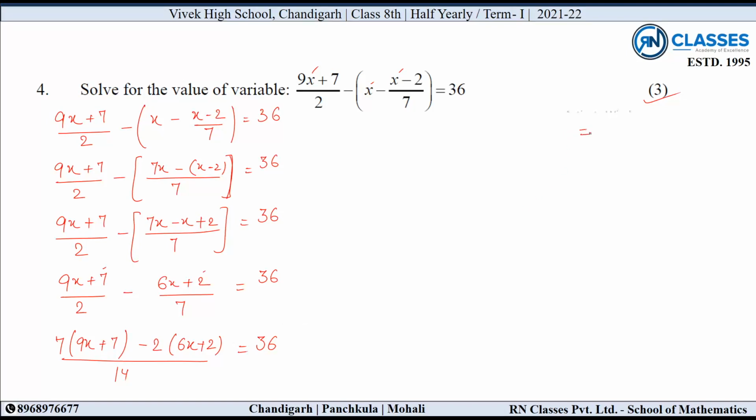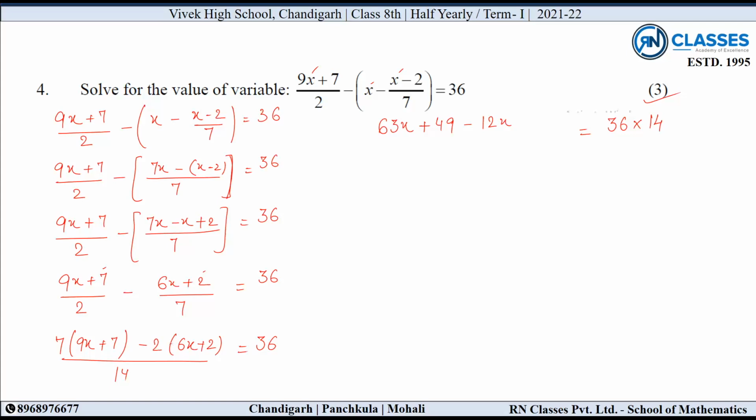Cross multiply करेंगे तो right hand side में तो 36 into 14 बन जाएगा, right? और left hand side में we'll open the bracket, distributive property, 7 into 9x is 63x, 7 into 7 plus 49, minus 2 6 12, minus 12x.